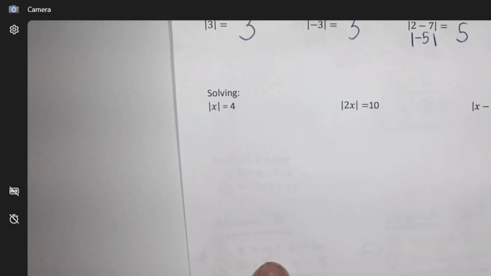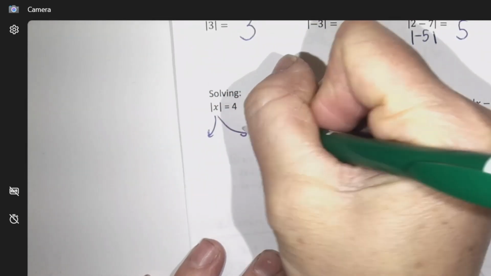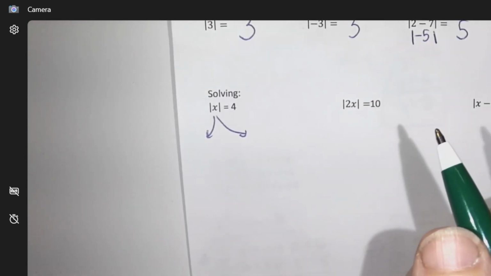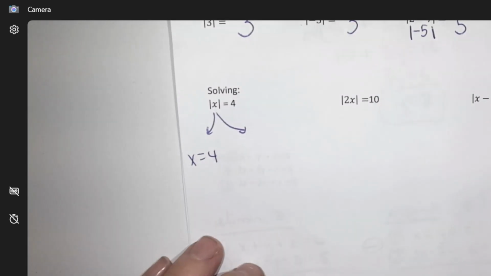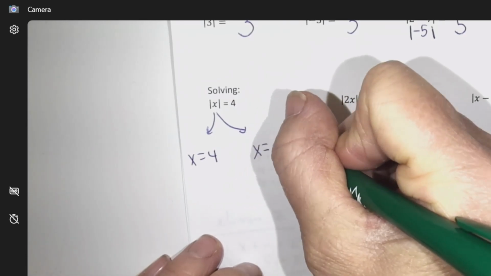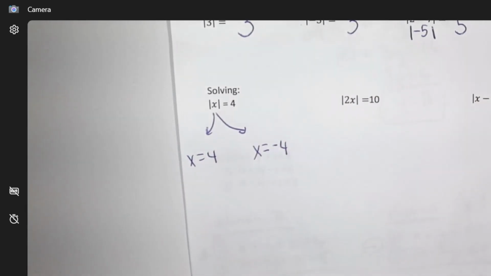Okay, so solving equations. Would it make sense that I could do the absolute value of 4 and get a 4? Or I could take the absolute value of negative 4 and get a 4.